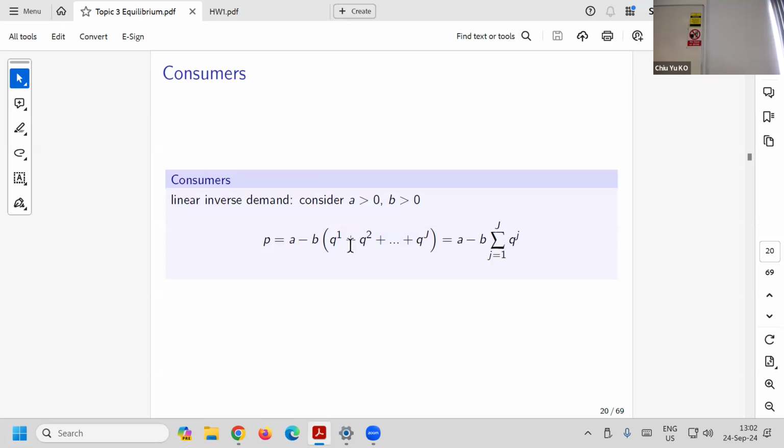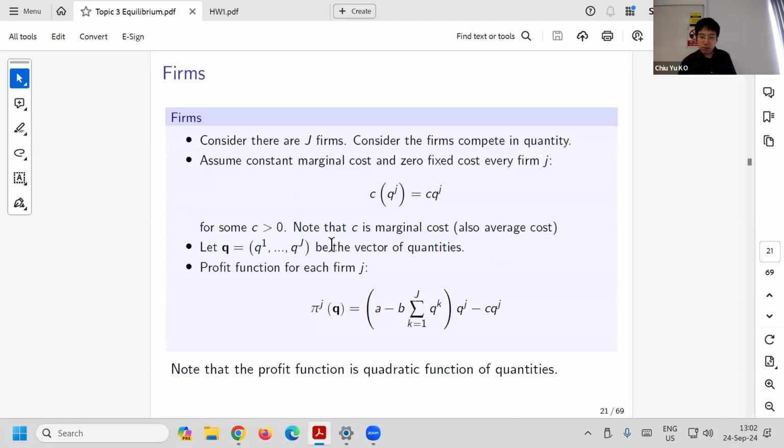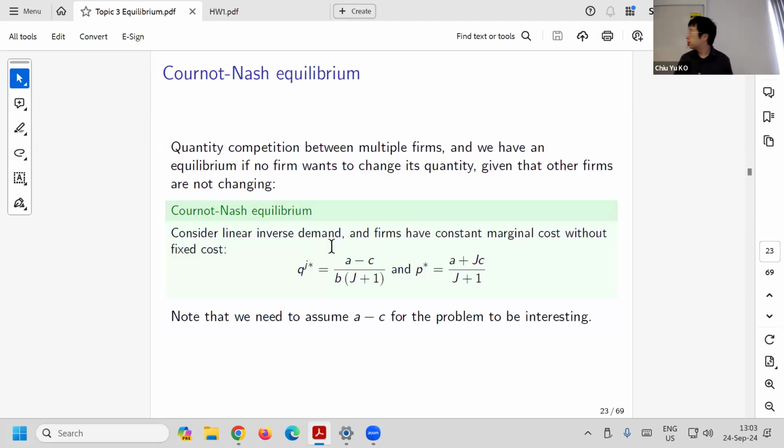So A is measuring the size of the market in that sense. If no one is producing the first unit, the most hardcore fan would pay for that. So it's proxying the size of the market, how big the market is, or how good the market is.